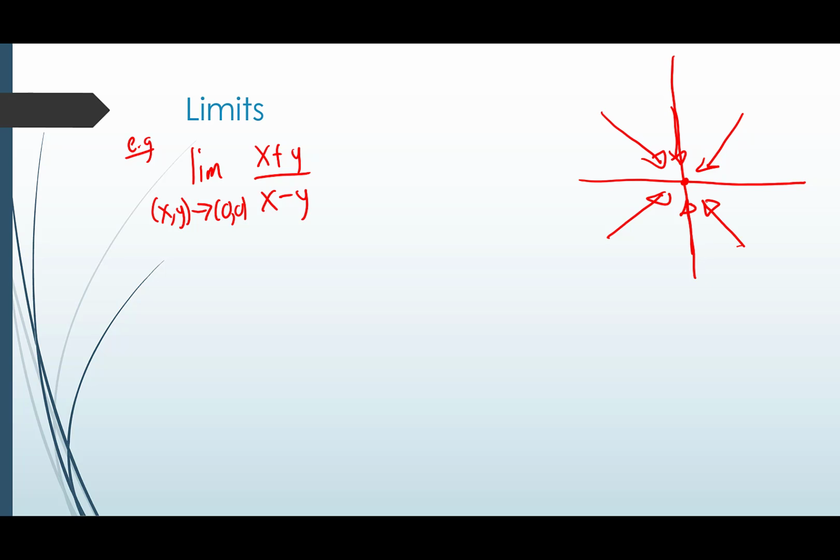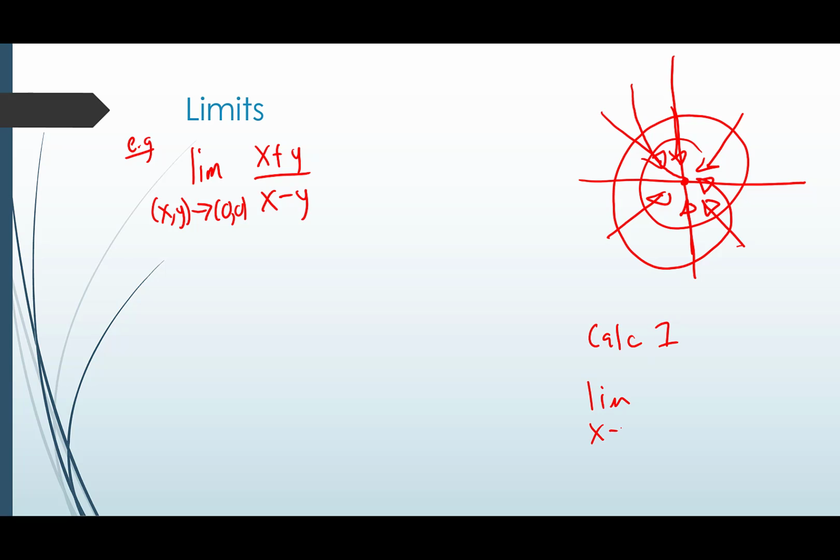I know I'm just taking lines right here, but we can be even more creative. Maybe we go along a parabola. Maybe we circle the point twice and then attack it this way. There are literally infinitely many ways we can approach that point.